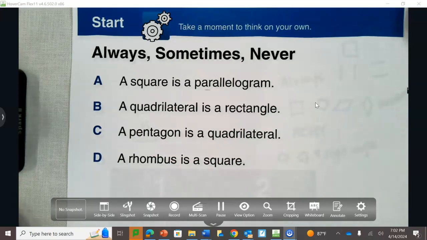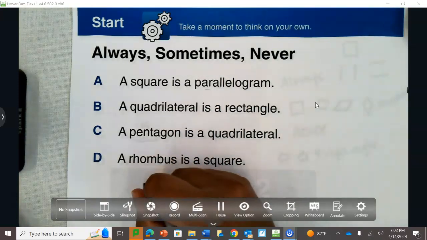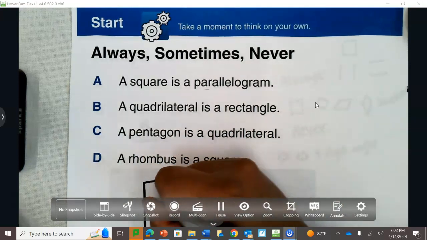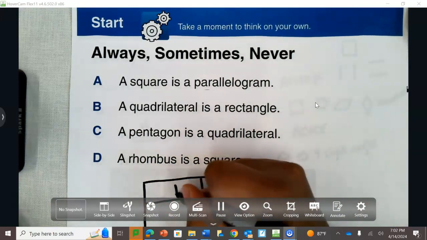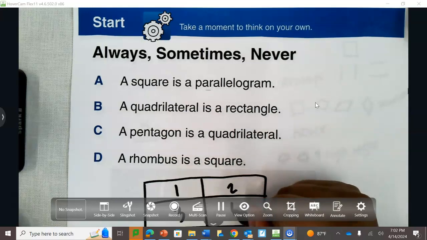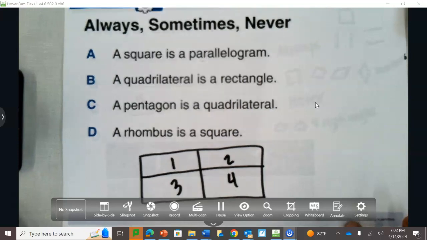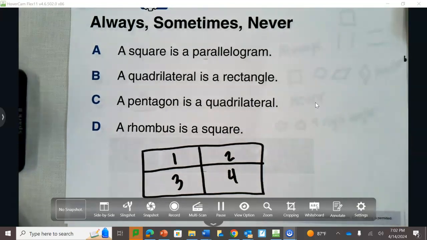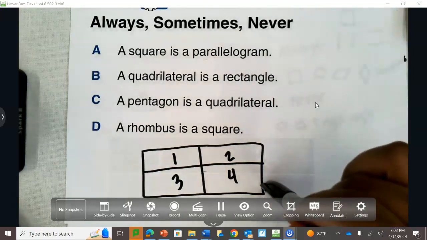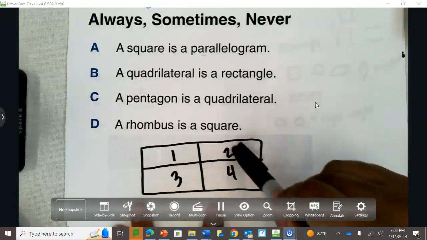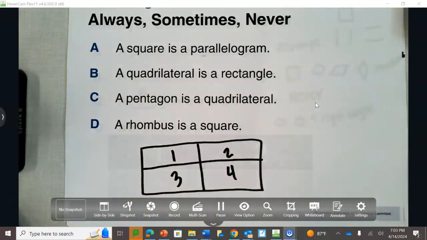Okay, I wrote on the other sheet because my video was kind of acting up, so I'm going to redraw your squares real quick. All right, 1, 3, 2, and 4. The person I'm going to have start the conversation is number 2, and you're going to answer A. Number 4 is going to answer B, 3, C, and 1, D. So you're just going to go in order, okay?